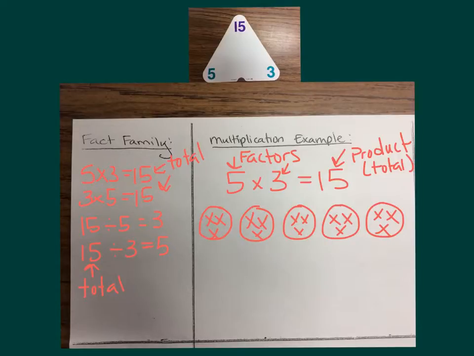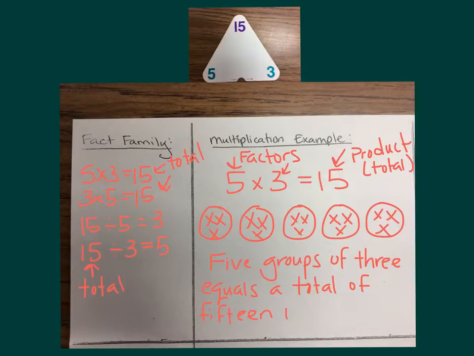To finish my multiplication example, I'm going to put what I have just done in words. So I'm going to write 5 groups of 3 equals a total of 15 items.